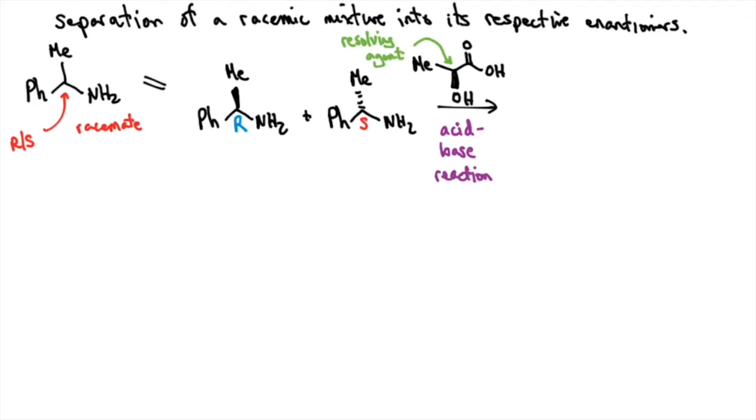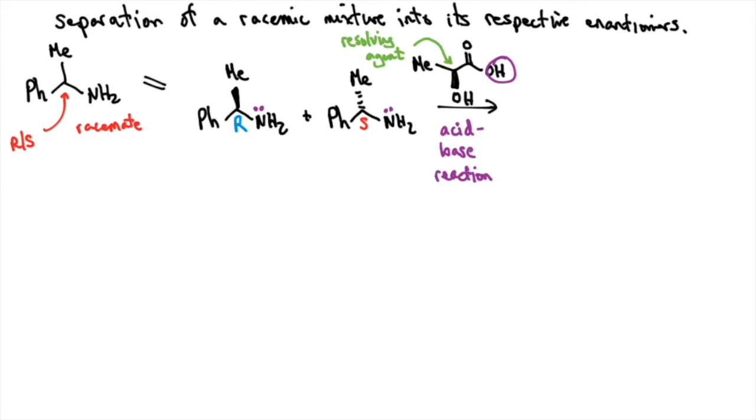This is what allows us to create diastereomers, and you'll see this in a second. But really the acid-base chemistry comes from the fact that that proton there is quite acidic, and in the case of the racemic amine, the nitrogen on those R and S enantiomers is quite basic. And so what we can do is protonate each of those amines, and then we create a diastereomeric salt.